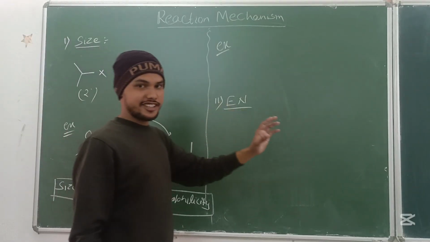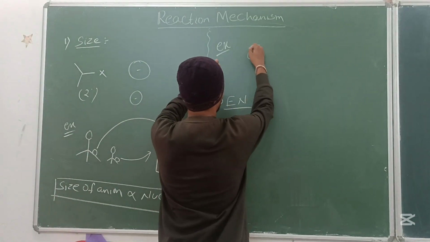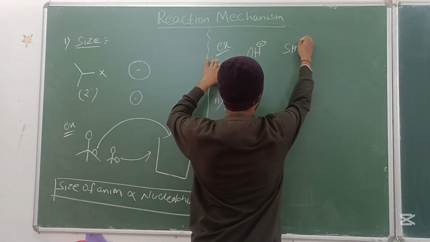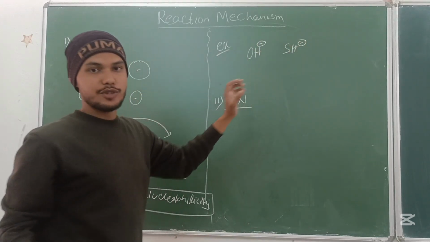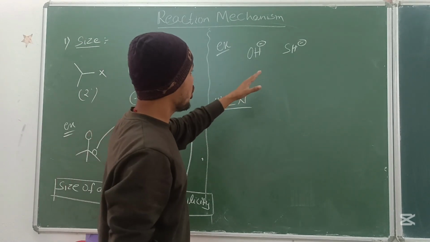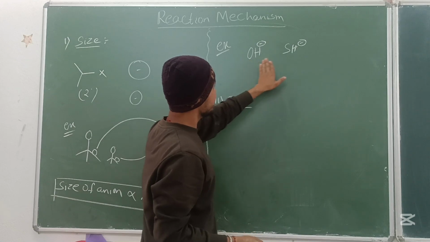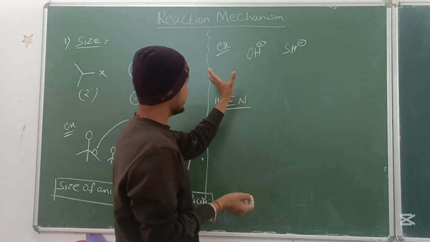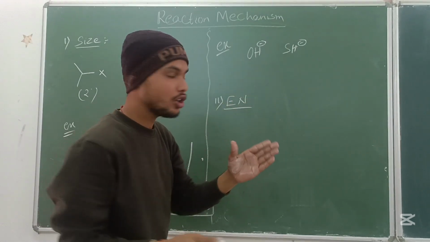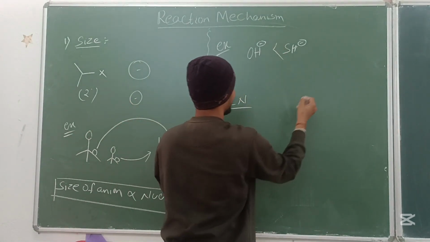So let's take an example. Here is OH minus and here is SH minus. Whose nucleophilicity is more? That means whose strength as a nucleophile is more? Between oxygen and sulfur, whose size is more? Obviously, the size of sulfur is more, so its nucleophilicity is more.